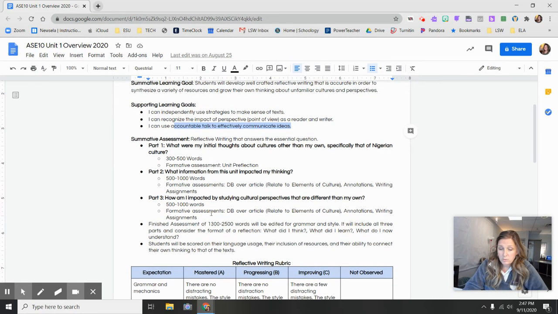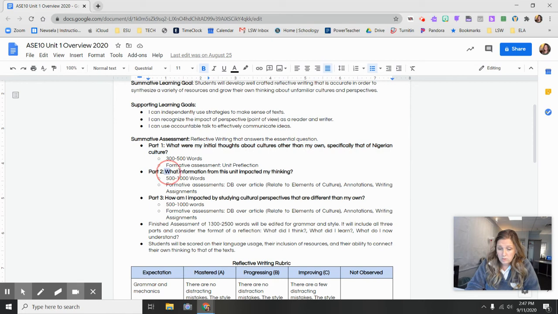Our summative assessment is going to have 3 parts. The first is our initial thoughts, which is why you've done the unit preflection here at the beginning. What do you know about that culture? What are your initial ideas about that culture before we start reading Achebe's description of Nigerian culture and life in Nigeria?